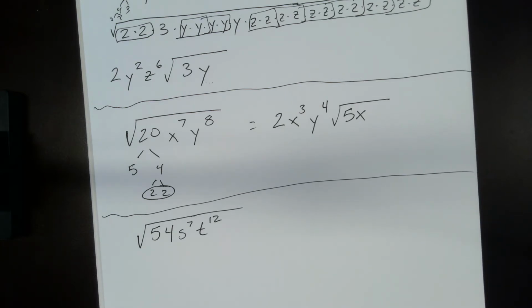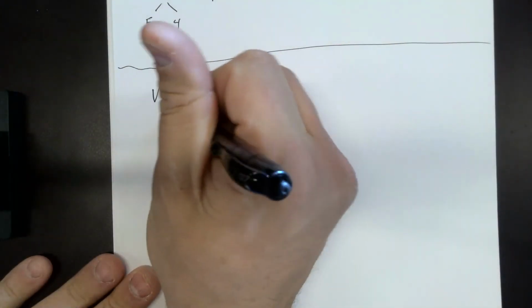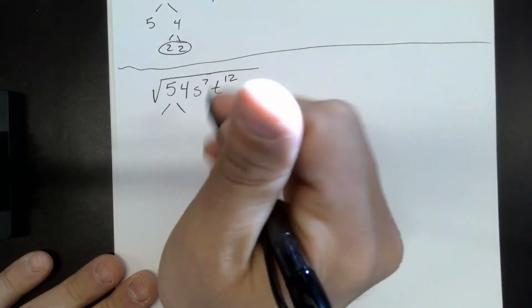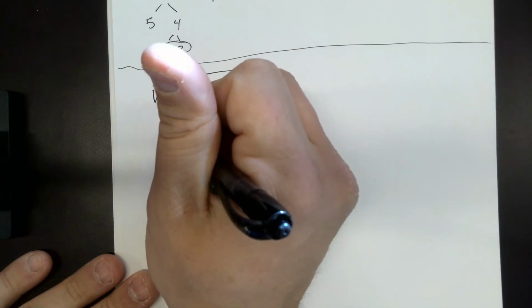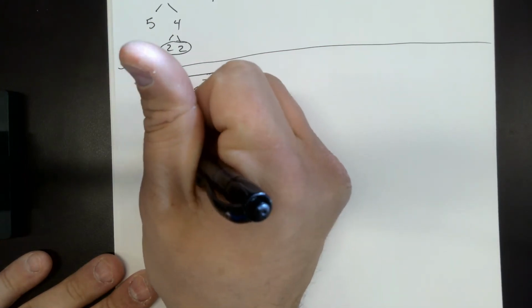All right, Kinston, show your Chromebook. Okay, how do I do this one? Kinston, how? Okay, what two numbers multiply together to be 54? 27 and 2.